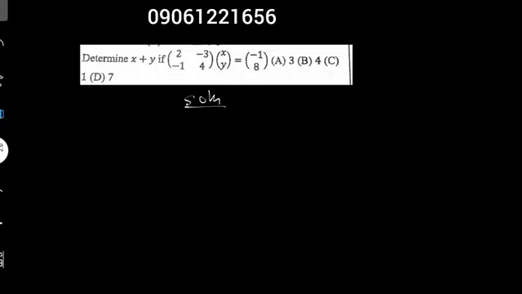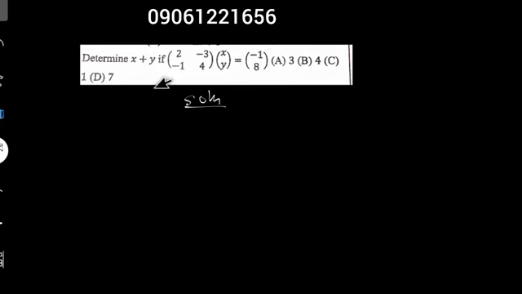Now, this is the matrix A, and we have this column x and y. If you still remember multiplication of matrices, a 2 by 2 matrix times a 2 by 1 matrix, this row here is multiplied by the column here, and so on, all equal to this.